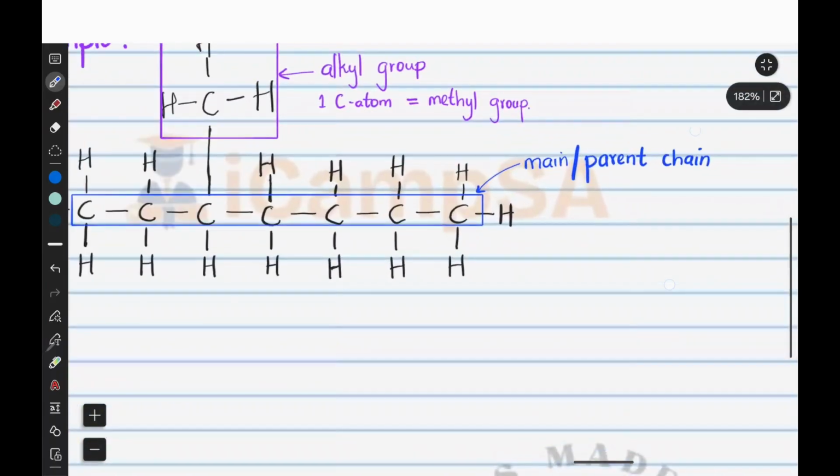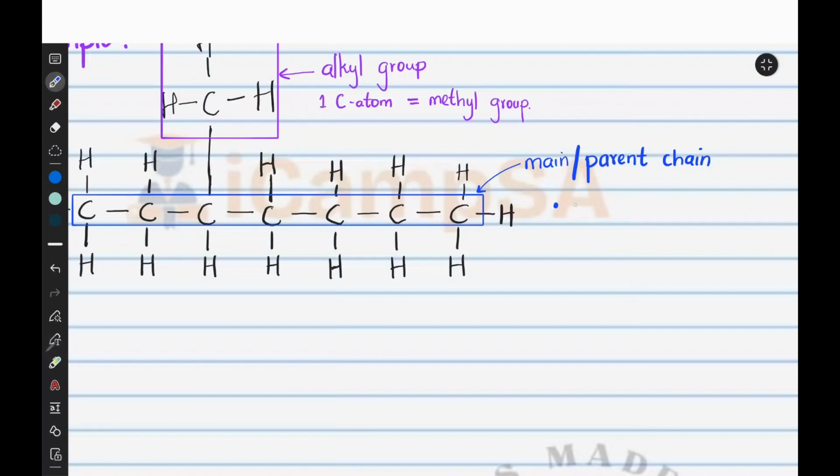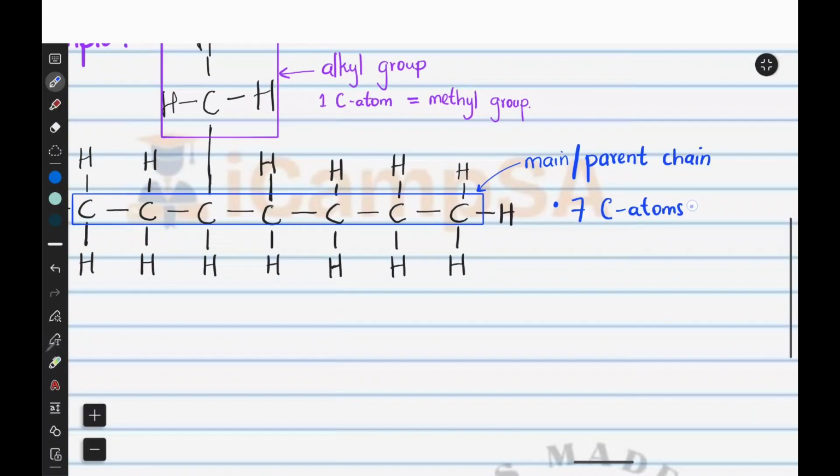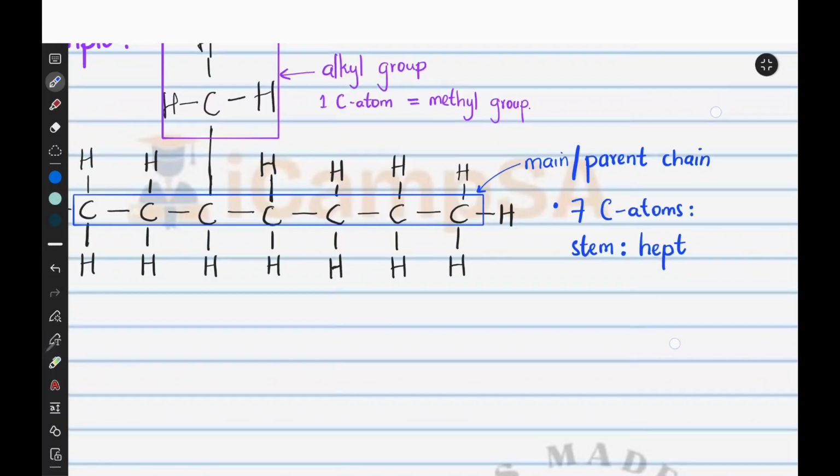So since the main chain has 1, 2, 3, 4, 5, 6, 7 carbon atoms, right? It means now this main chain will have a stem name of hept, right?